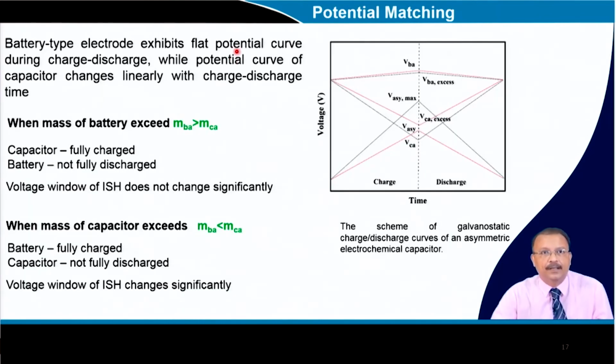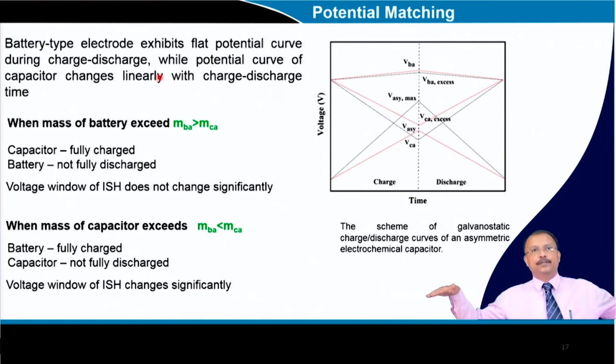Now, you have several types of situation possible. The first one, as you know, is that the battery type electrode exhibits a flat potential curve during charge discharge, and the capacitor changes. So, it is slightly more complicated, therefore I have not used that one, but I have considered a simple schematic of a galvanostatic charge discharge curve for an asymmetric electrochemical capacitor.